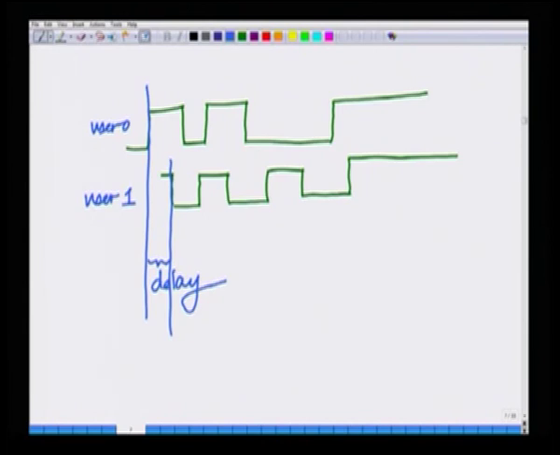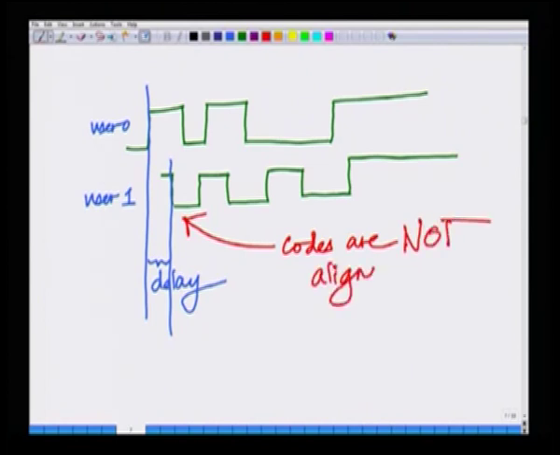This delay means that the edges are not aligned, which means that the codes are no longer aligned. This is known as asynchronous CDMA.